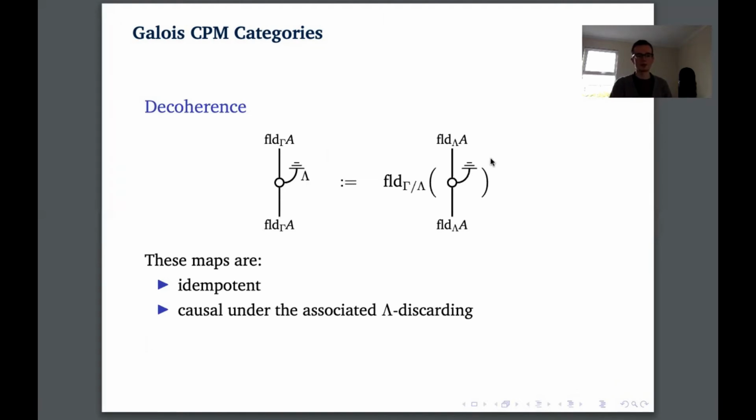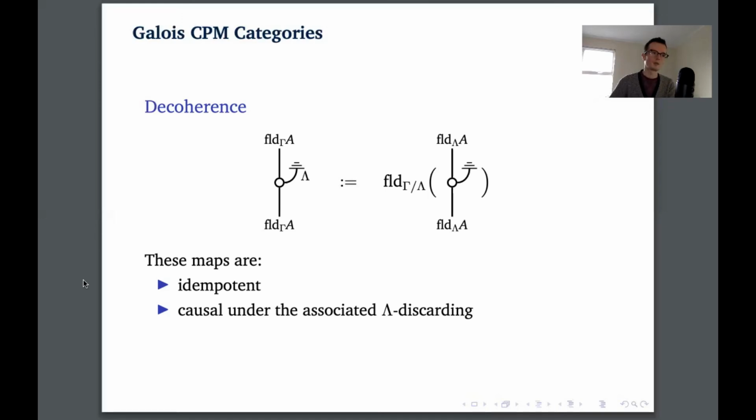This could be seen by looking at a decohered state by this map here, and then looking at the symmetries of it. All the entries have to be fixed by lambda, and in that sense, they have to live in the fixed field by lambda, and thus the subfield of the extension. Now, there are a couple of important properties of these maps. Firstly, they're idempotent, and secondly, they're causal under the associated lambda discarding map.